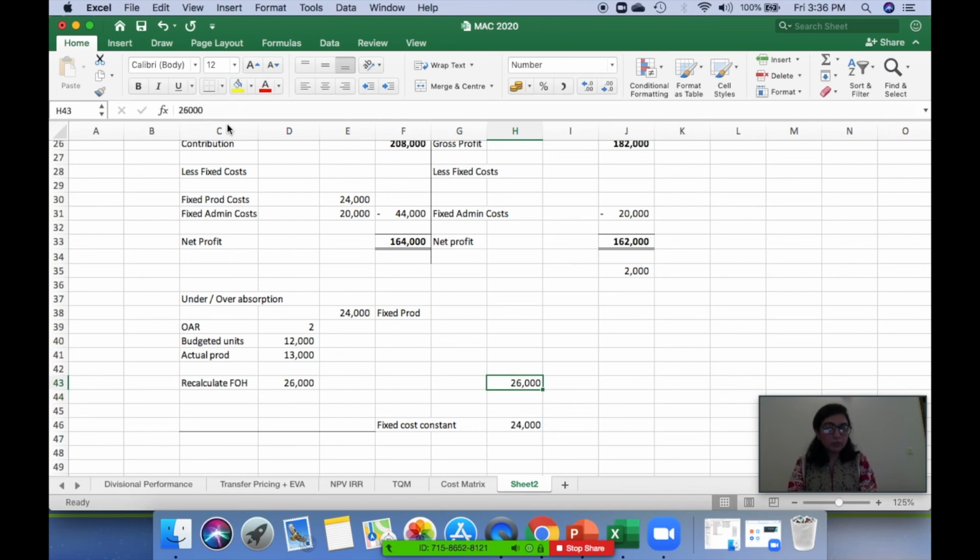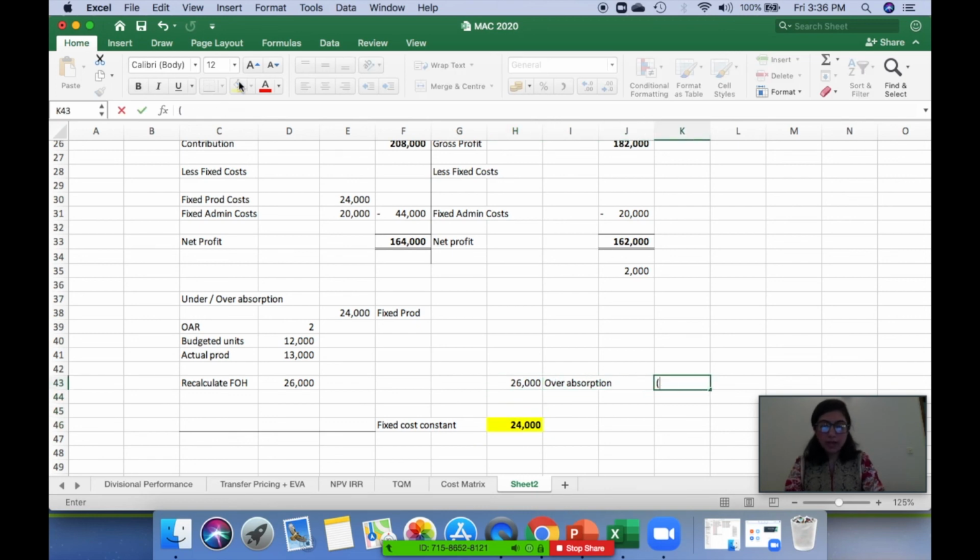What are we going to do? We're going to bring it down. We have to bring it back to its original level because fixed costs don't change. This is called over-absorption. Over-absorption means that you have absorbed more cost than it actually was. So over-absorption means that you have to bring the absorption down to its original level.